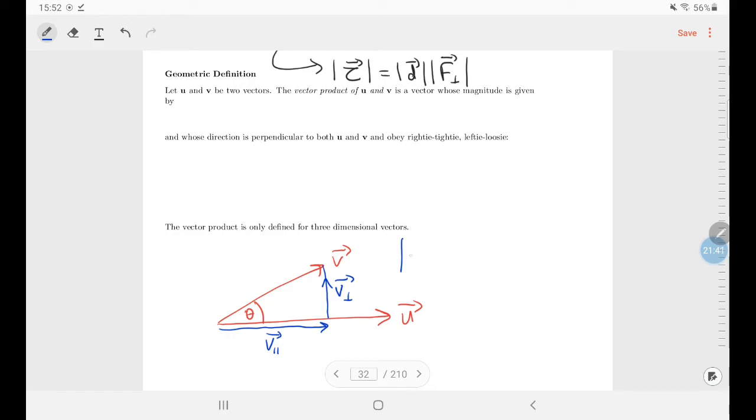But the magnitude of u cross v is going to be the length of u by the length of the part of v that's perpendicular to u. And what you can show with a bit of trigonometry is that the length of the bit perpendicular is the length of v times the sine of the angle.